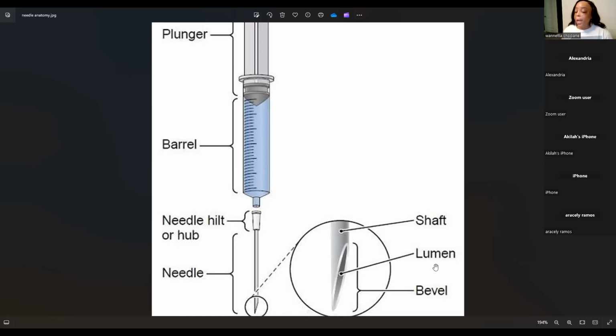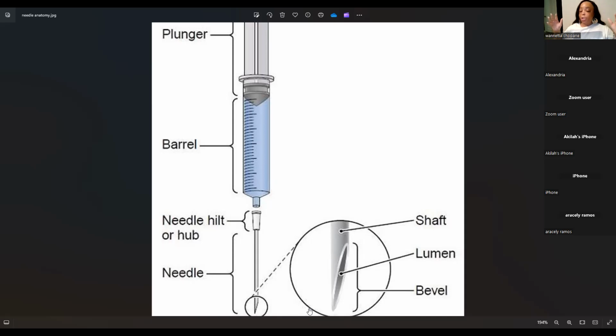But the difference between the bevel and the lumen: you see the bevel, which is spelled B for boy, E, V for Victor, E-L. I need you guys to know all 3. You see how it has this little parentheses over the whole opening. So the lumen is how big the opening is. The bevel is the whole opening.